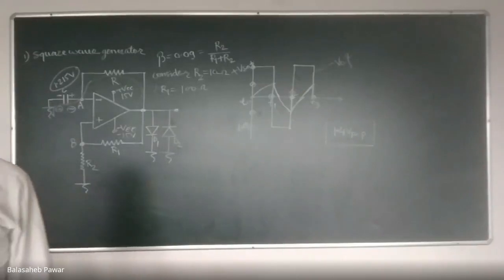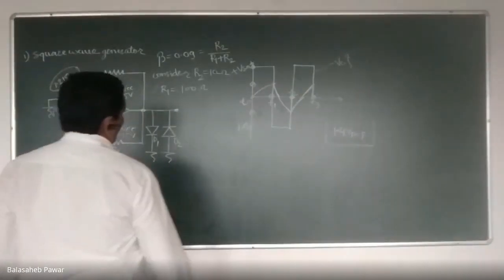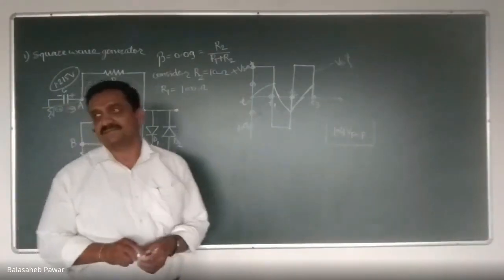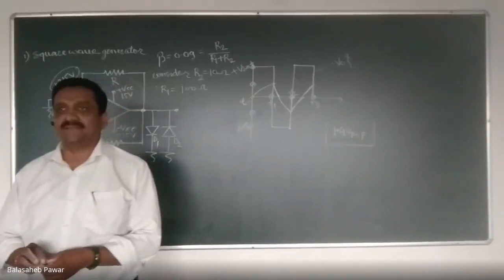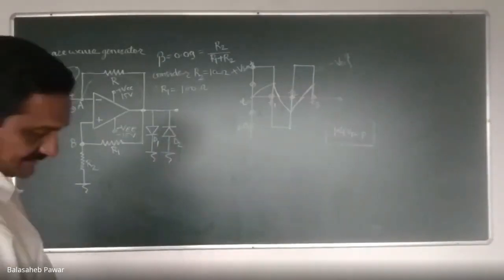Now next, let the oscillating frequency of this square wave output be 1 kilohertz.